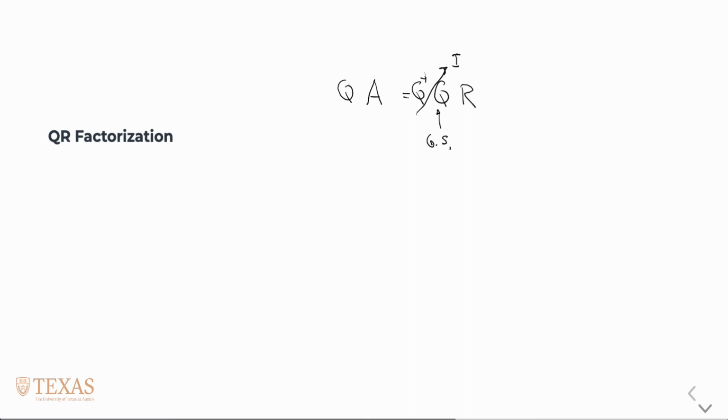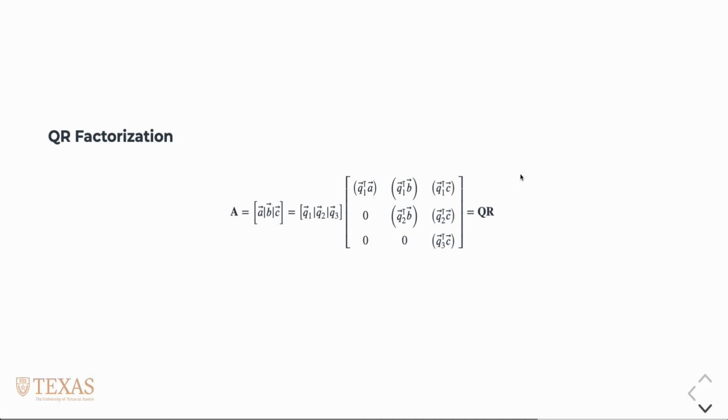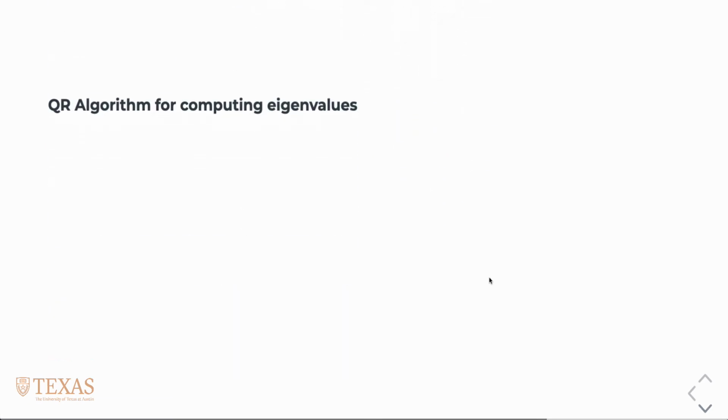Normally, finding a matrix inverse is an expensive computation, but in this case, because Q is orthonormal, we just take its transpose, multiply by A, and we have R if we'd like to have it. So that is the QR factorization. And for our 3 by 3 case with matrices A, B, and C, this is what R would look like in that particular case.